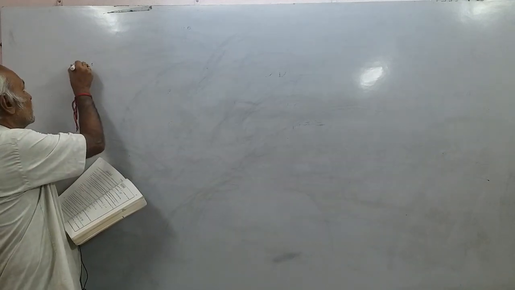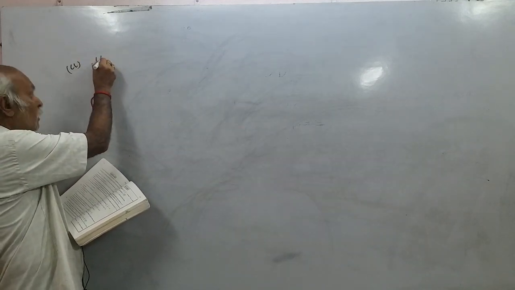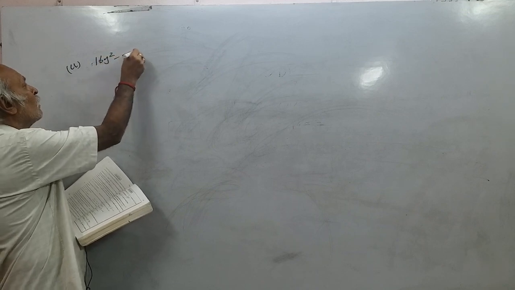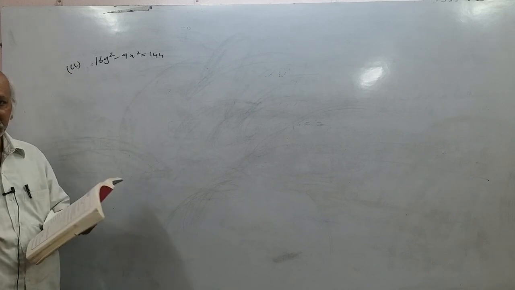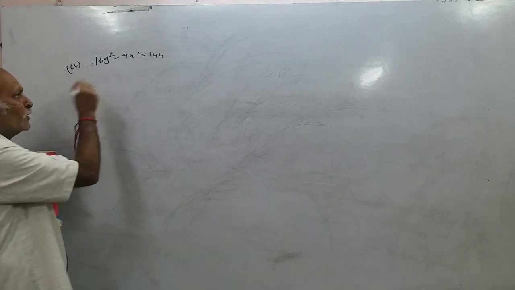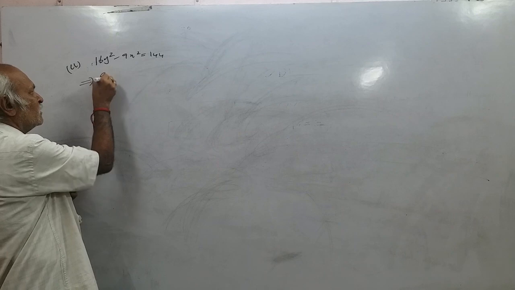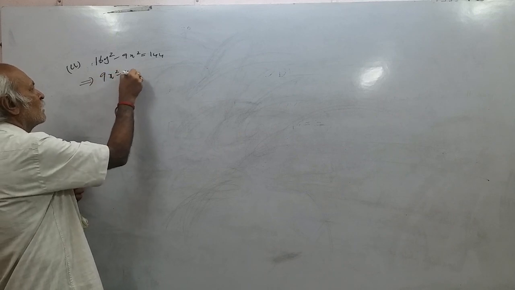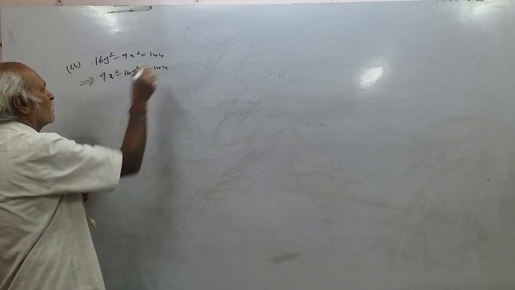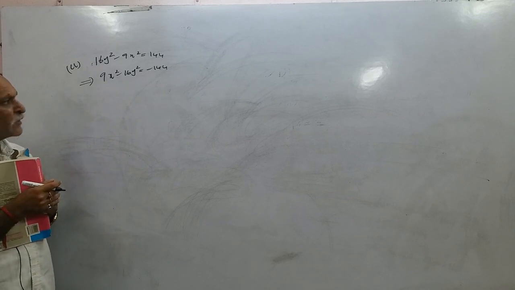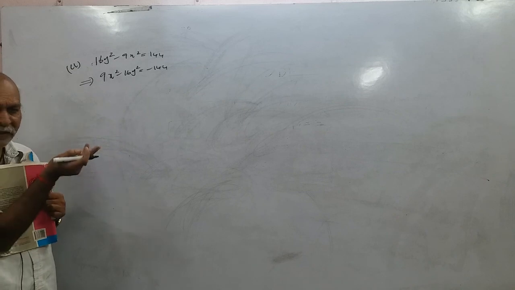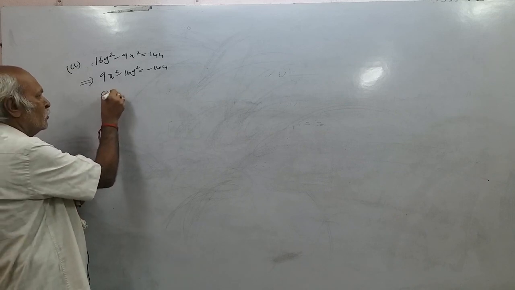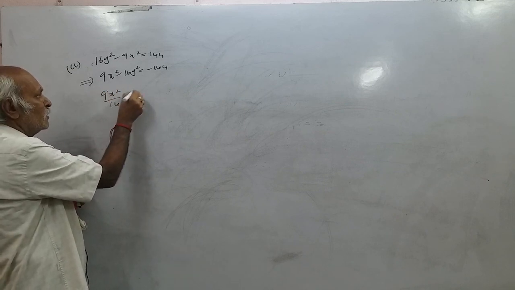Look at the second one. Okay, he has given 16y square minus 9x square is equal to 144. First we rewrite this. How will we rewrite it? 9x square minus 16y square. Observe here what we have done. First we have to write x then y. So divide by 144.